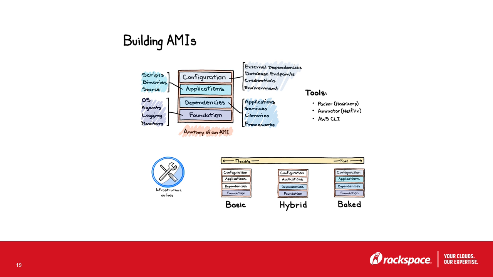It goes out and downloads the latest dependencies, gets the latest source code from GitHub, and then gets the configuration. Once it has all of that, it is then able to start taking on web traffic. That's the very basic model. It's super flexible because all of this is generally scripted, and so you can change that scripting very easily.